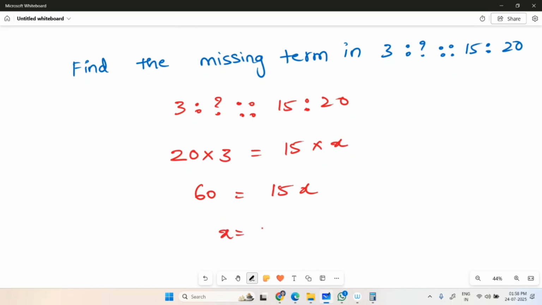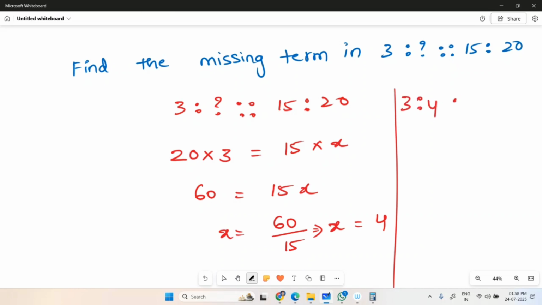So x equals 60 over 15. 15 fours are 60. So x equals 4. That means the ratio is 3 is to 4 as 15 is to 20. Okay. I hope you understand this.